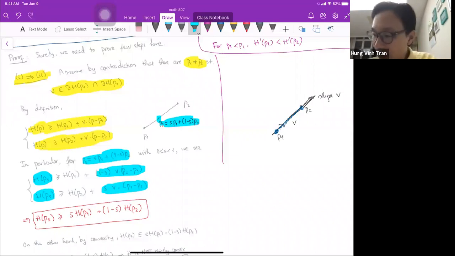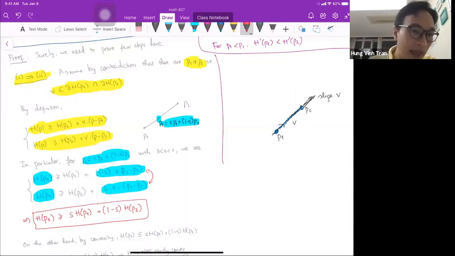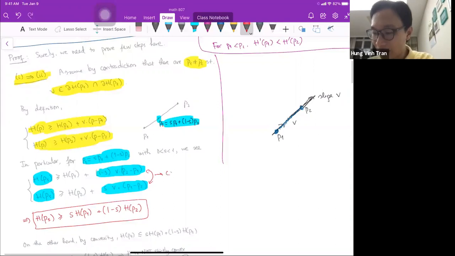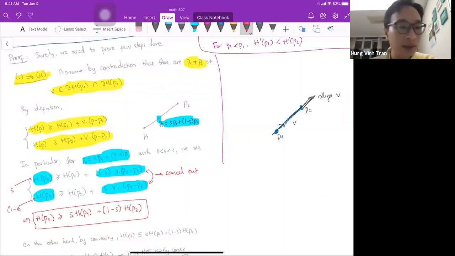So you see that there's a relation between the two terms here. I have 1 minus S times V dot with P2 minus P1, and S times V dot with P1 minus P2. So if I do the correct convex combination, those things can cancel out, right? And the correct convex combination is to multiply this one with S and this one with 1 minus S and sum them up, right?